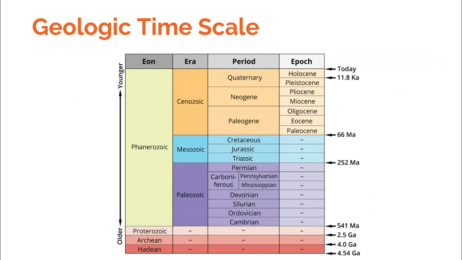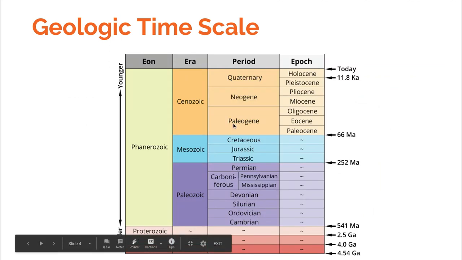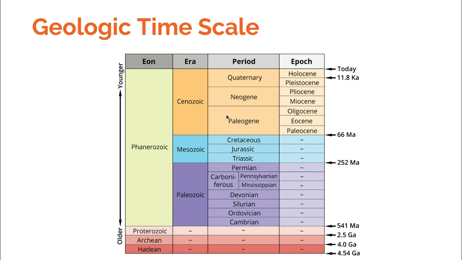All right, so before I showed you what the geologic timescale or Earth's history timeline looks like in a circle, this is another way that we can show the different eras and periods of time that passed in Earth history. As you can see, we can break down history into different categories. We have eons, which are the longest, then eras, a little bit shorter, periods, even shorter, and epochs, the shortest.